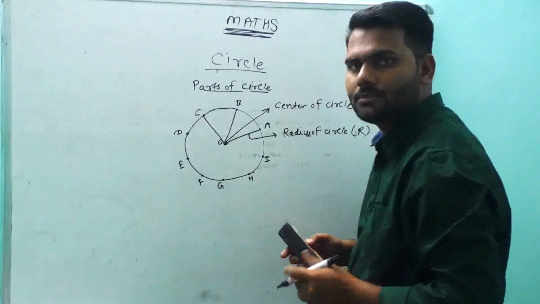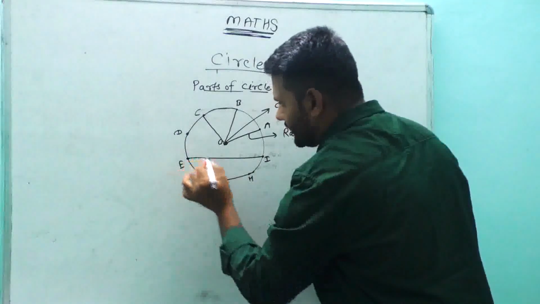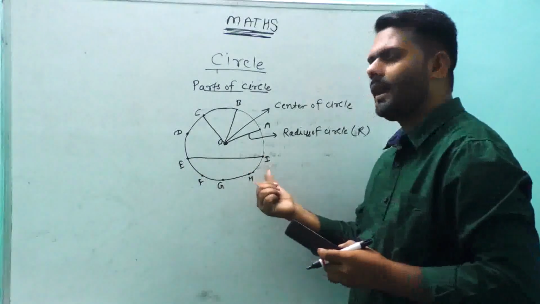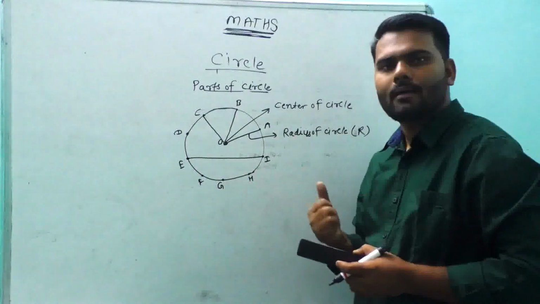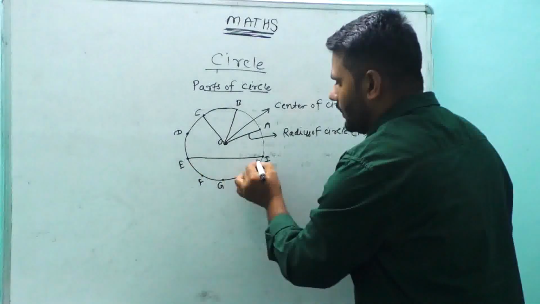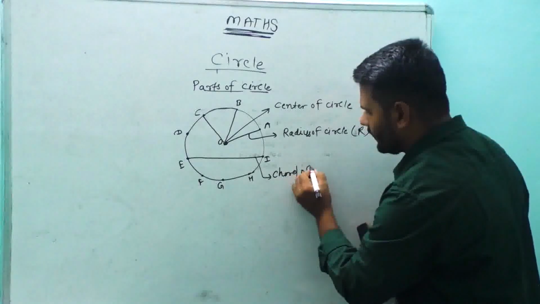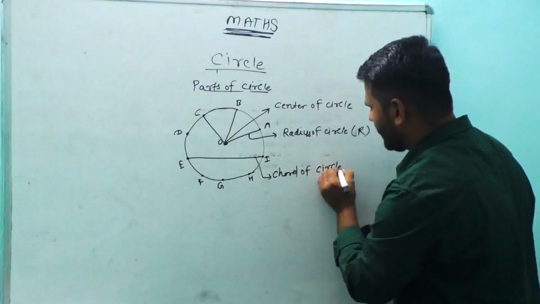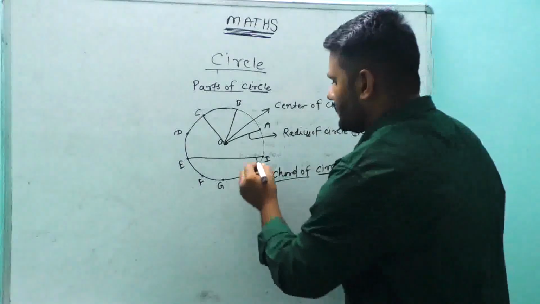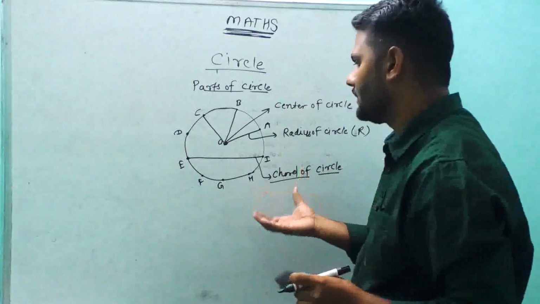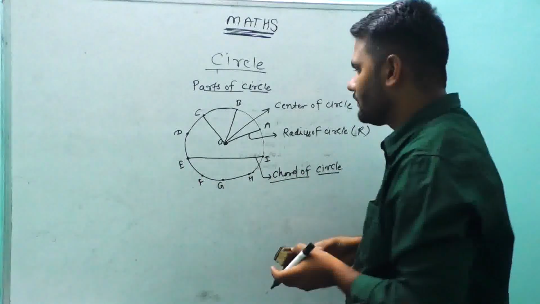A line which joins the points E and I is called a chord of the circle. The chord of a circle joins two points of a circle.